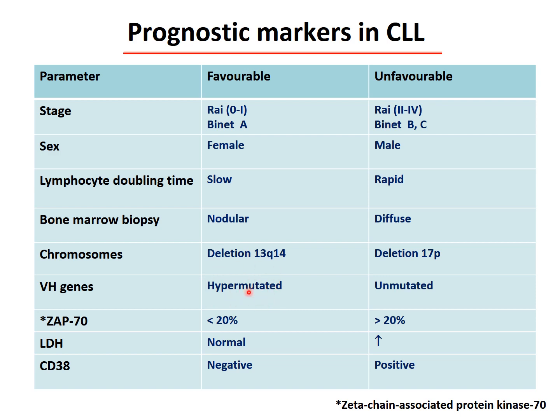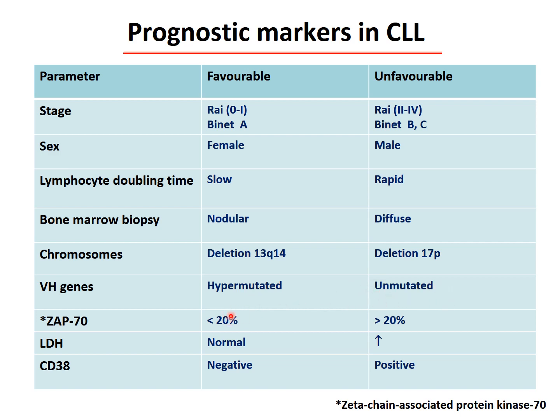When they differentiate or grow, they have to have a polyclonality. If it's hypermutated, there is a higher chance to have polyclonal immunoglobulin. If it's not hypermutated, there is a very high chance to have a monoclonality, and they are going to cause an immune deficiency because their monoclonal immunoglobulin cannot defend the body.